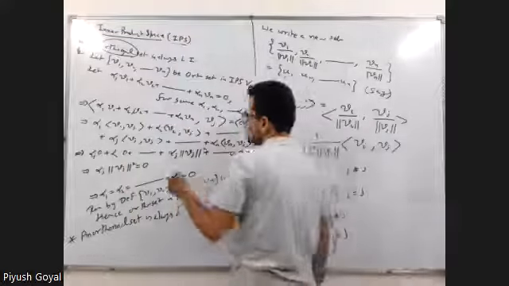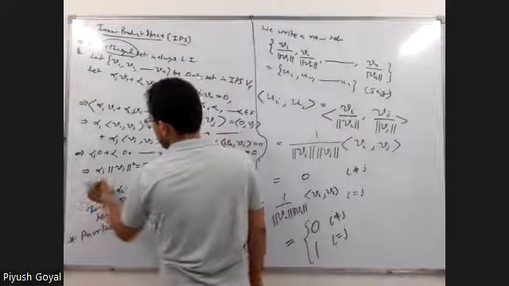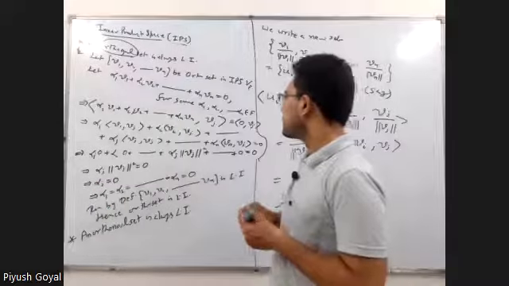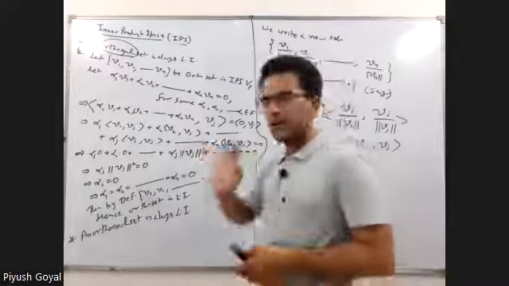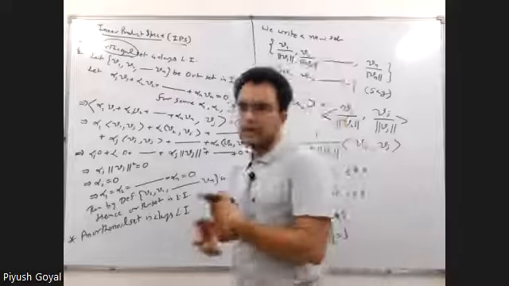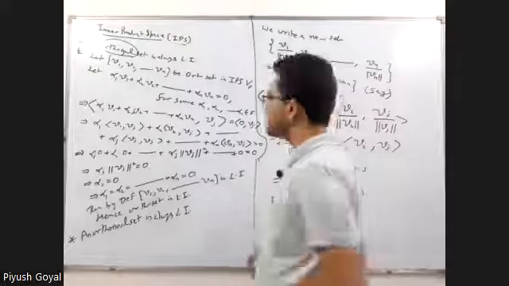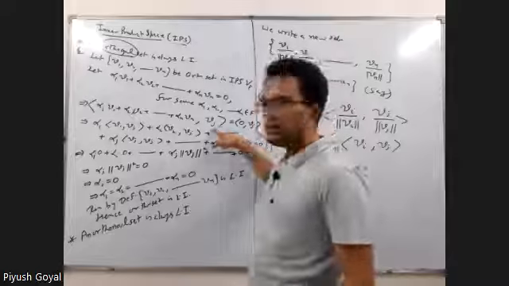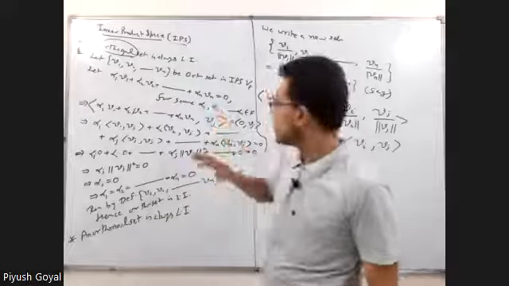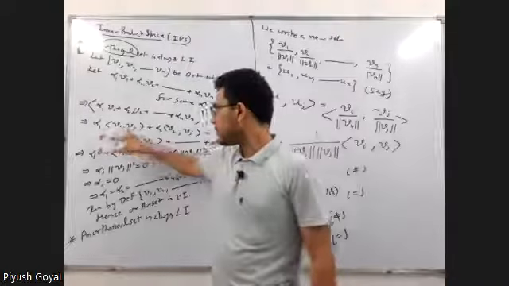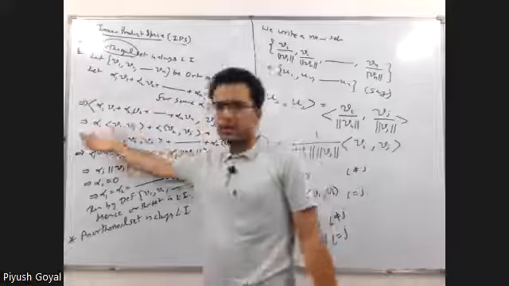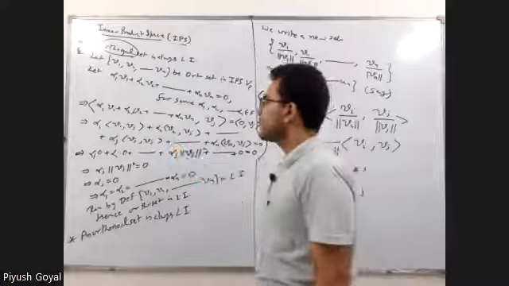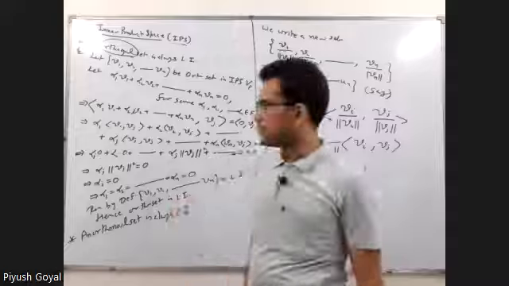If the norm is not 0, this means alpha j is equal to 0. Now when you take the inner product with respect to vj, you can take j to be anything, 1, 2, 3. For example, in the first go I take v1, I take j equal to 1, here alpha 1 will remain, all other things will become 0. It will give alpha 1 is equal to 0.